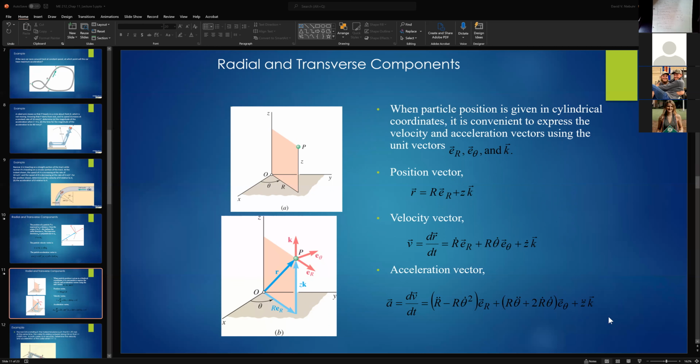And so this is about as simple as it gets in 3 dimensions, but we will not be dealing with cylindrical in this class, as far as I know. I think you'll see that if you take intermediate dynamics, but I don't believe you'll be dealing with that in here. Okay, so what I'd like to do is an example.